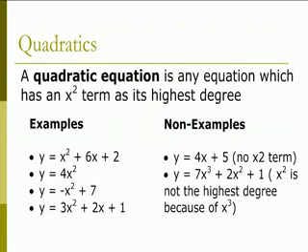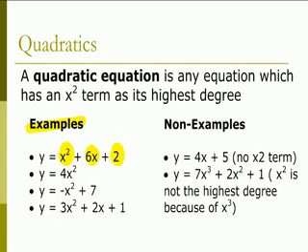Some examples: we have y equals x squared plus 6x plus 2. In the equation, we have x squared, we have a 6x, and we have a positive 2. So in this equation, x squared is the highest degree term.